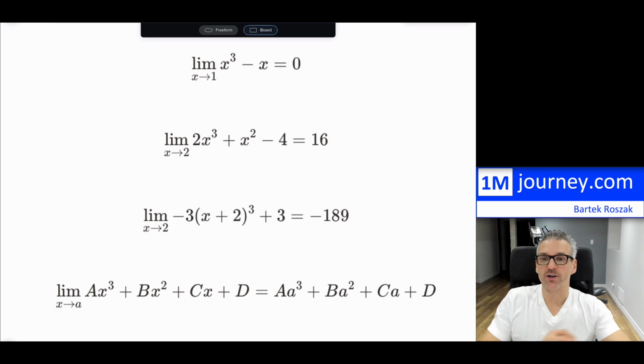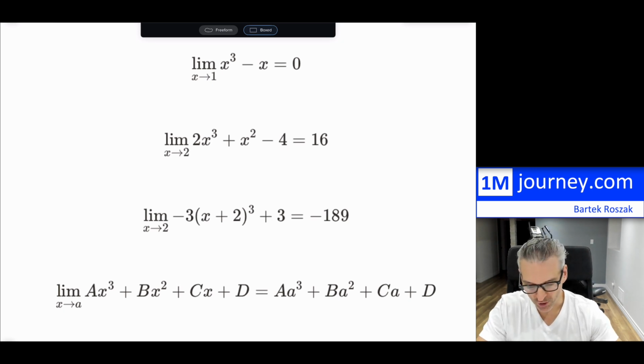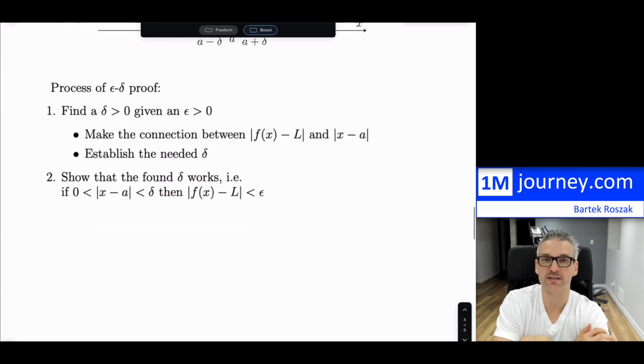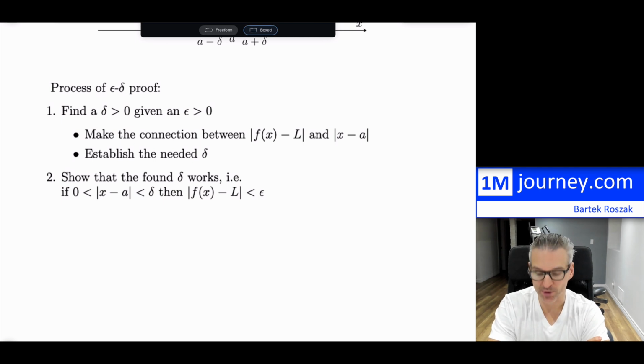So here are the limits that we're going to be working with, and we're going to be trying to find a delta for a given epsilon. Now, the overall idea behind finding that follows this process. So the first thing is, when you're doing your proof, you have to find a delta for a given epsilon, and you also have to state that for your profs so that they know exactly what you're doing.